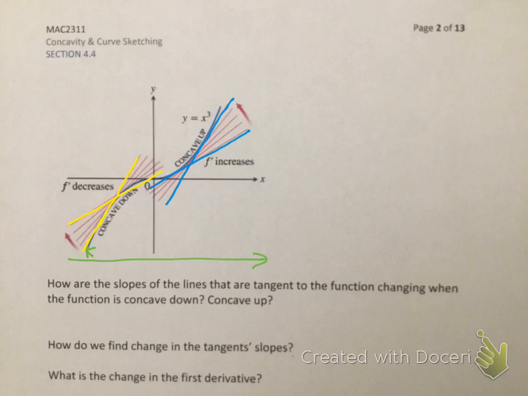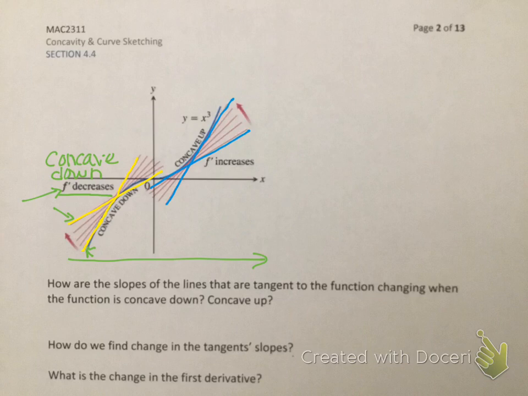As I progressively draw more tangent lines and get to this one, the slope of that tangent line is less steep. So my slopes, or my first derivatives, are decreasing. When my function is concave down, the slopes of the lines tangent to the curves are decreasing.